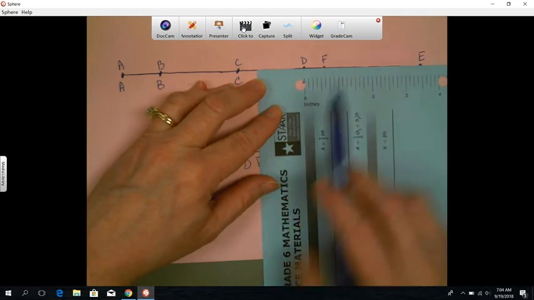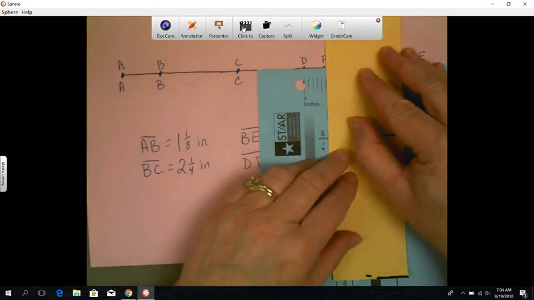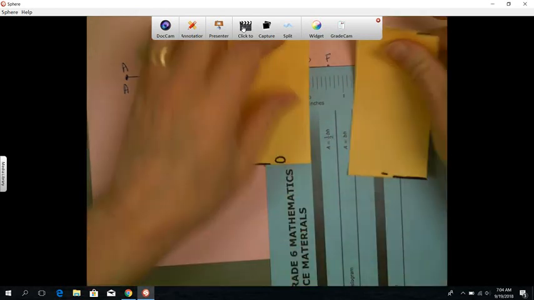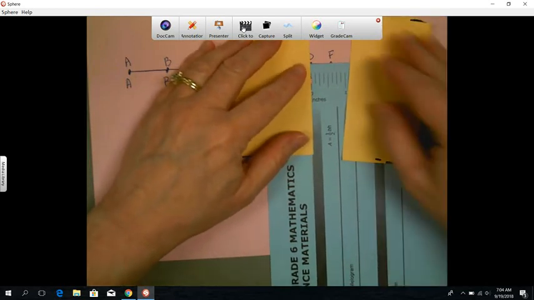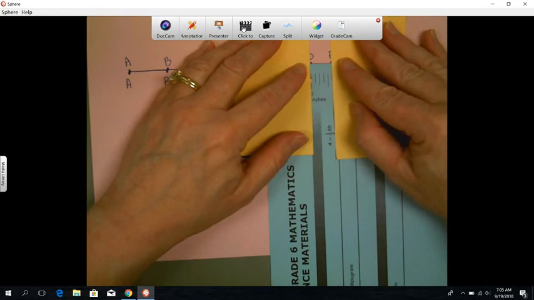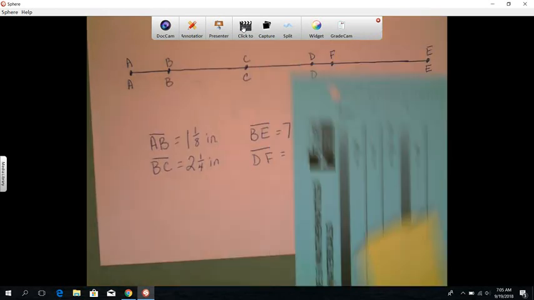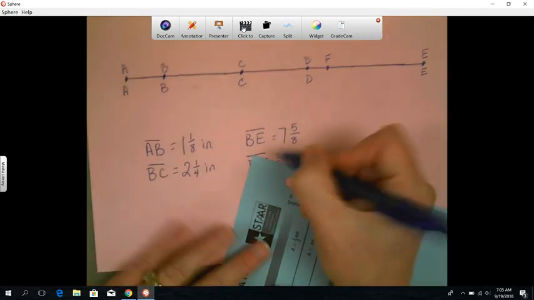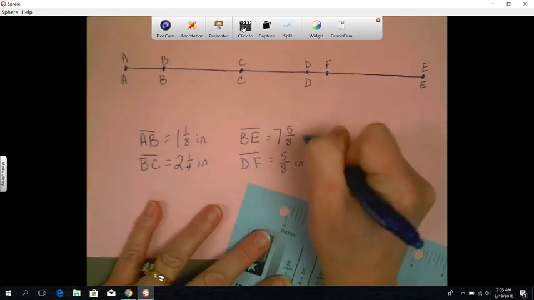But if I kind of line it up, maybe even use like a piece of paper to line it up, which I could have done for lining up the 0 too. So I could use that piece of paper to line up where the 0 is, and then I could line up where F is. It's closer to the 5/8, so we would put down just for that 5/8. An inch, of course, and I left that off there, so I'll add it in.